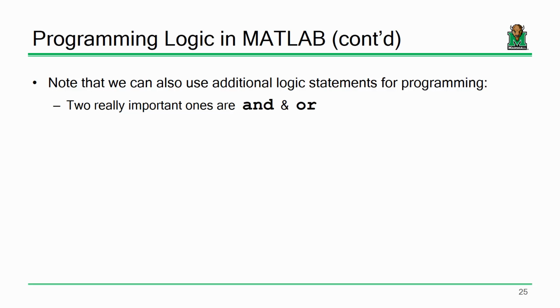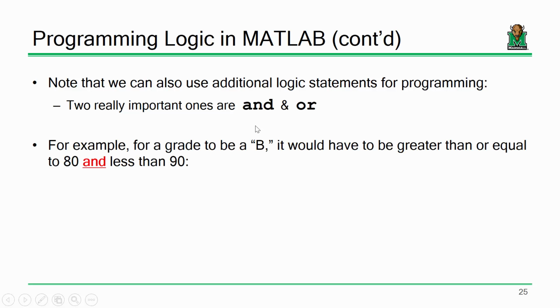All right. So we can combine the relational operators and if-then statements with additional logic of and or. These two things will allow you to combine ideas together where maybe two statements both have to be true for it to execute the display, or one or the other.